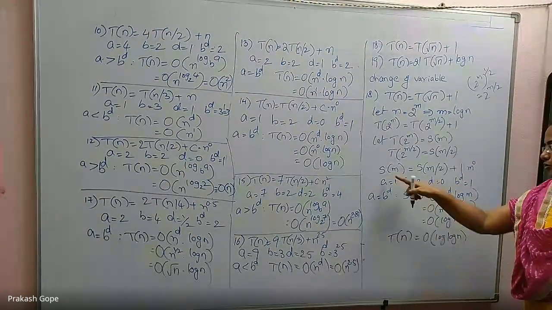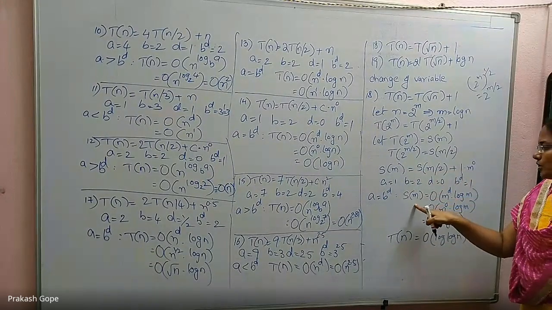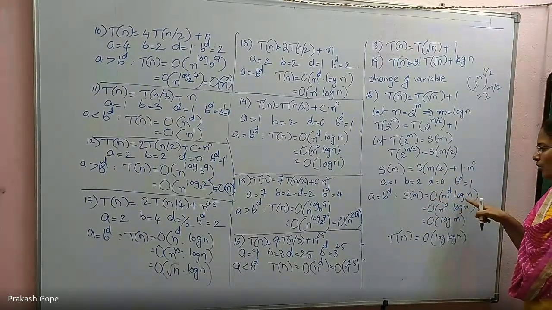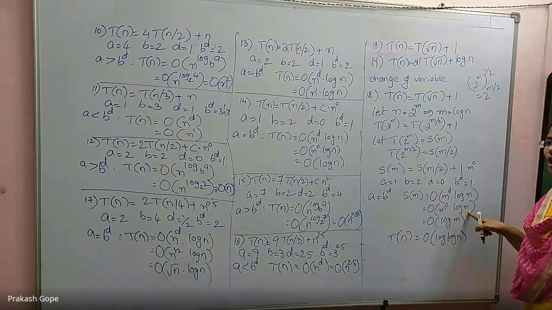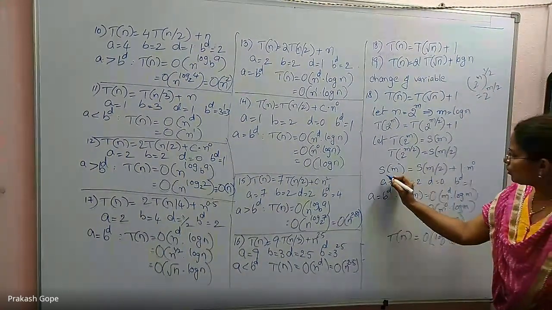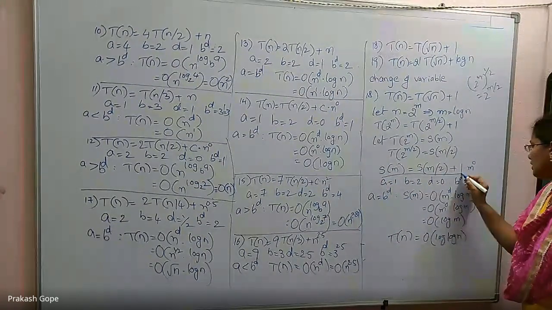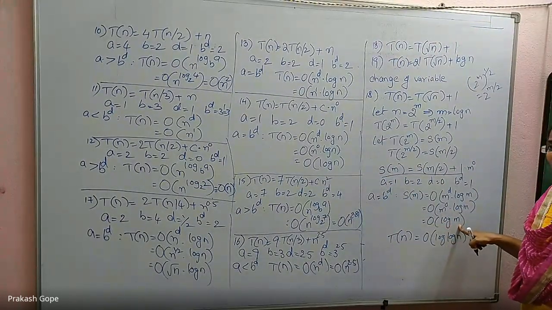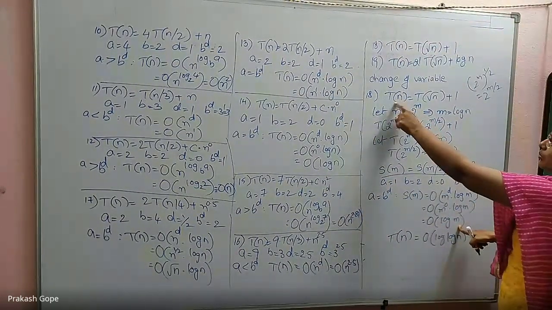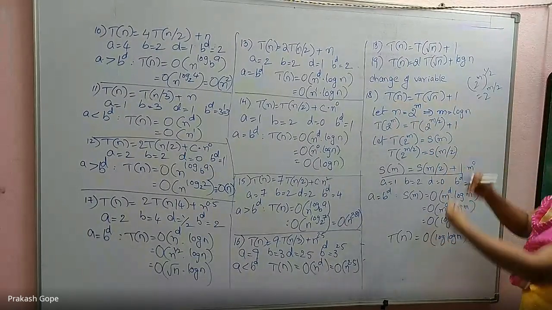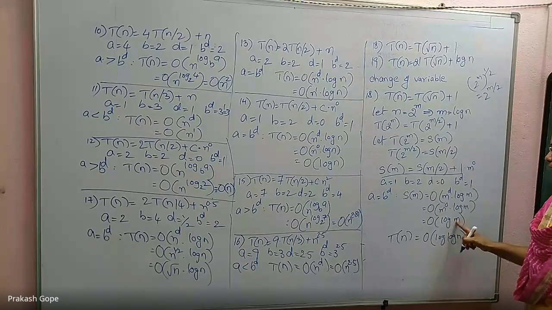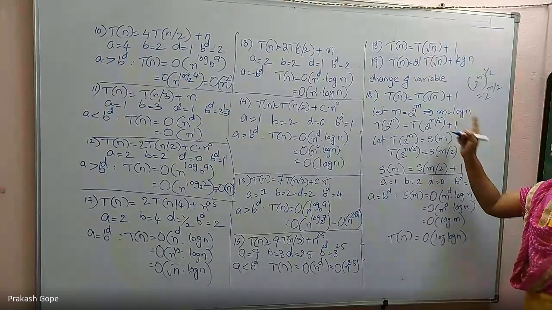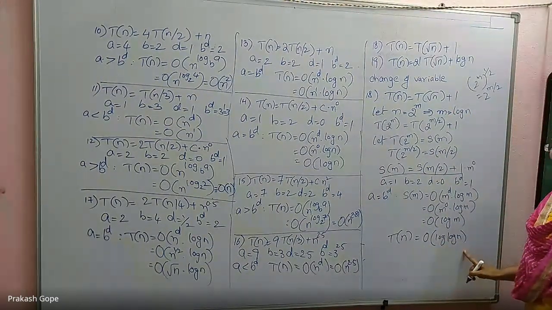So S of m equals theta of m power d into log m, but d is 0, m power 0 becomes 1, 1 into log m. So we got the solution for this equation: log m. But we are interested in this equation, right? So change everything back to n, so that T of n becomes log of m, and m is already substituted as log n. So log of log n is the answer.